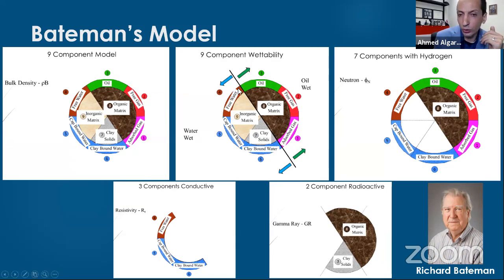Look to the next one, 9 components wettability. On this side we have free water, bound water, clay water, and the clay solids and inorganic matrix; this is like water wet. Look to the other side, the organic matrix. We have oil, free gas, absorbed gas. This is oil wet.